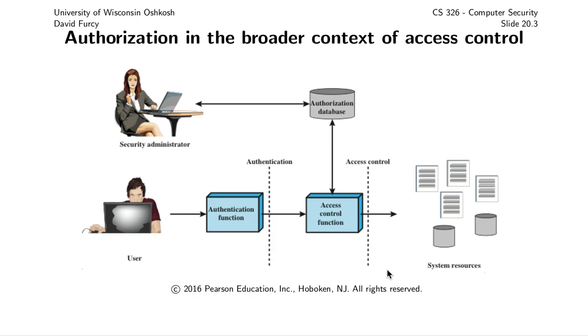So here is a pictorial representation of this process. On the left side, we have the user that is outside the system. On the right side, we have the system. And the user is trying to access some resources within the system. So the first step is to complete identification and authentication. This is represented by the authentication function right here.